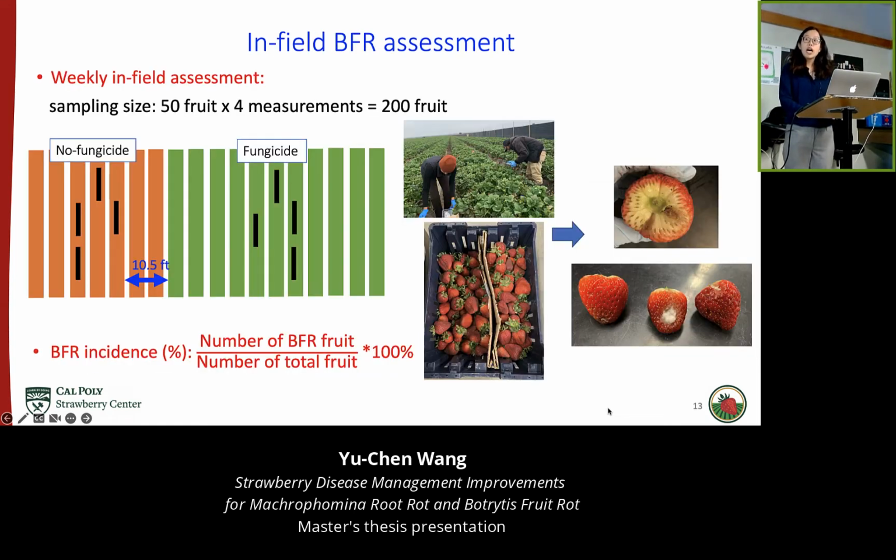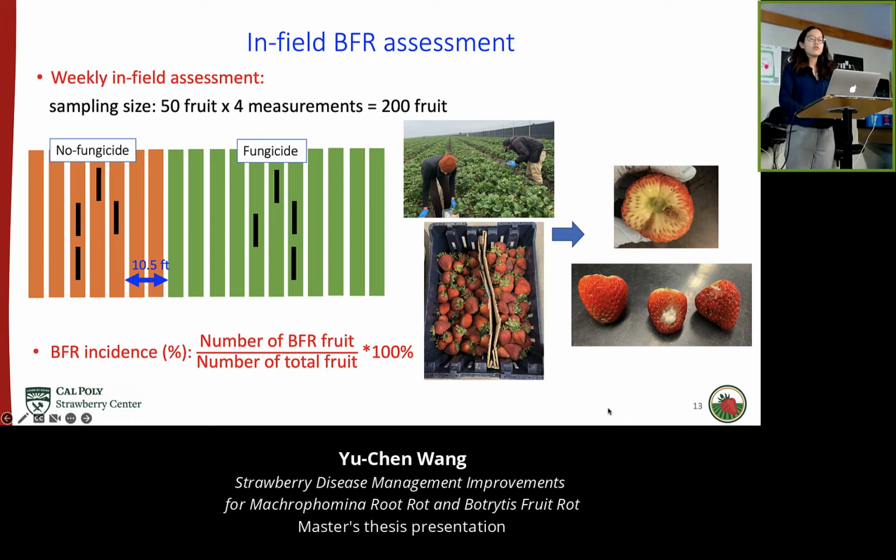We have 2 kinds of Botrytis fruit rot assessment, in-field and post-harvest. For the in-field one, we go into the field every week before the grower actually harvests to take samples. We harvest 50 fruits at 4 spots for each of the 2 treatments. This figure indicates the area where we harvest those fruits.